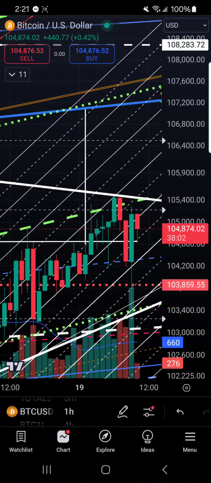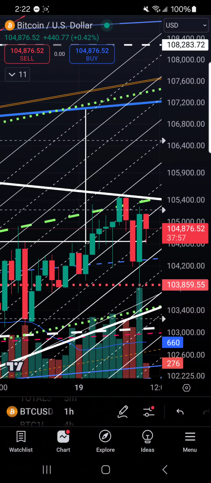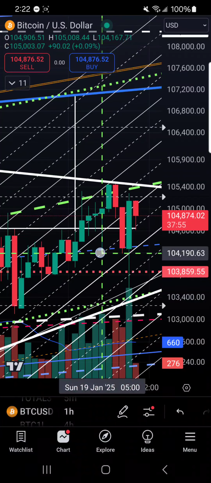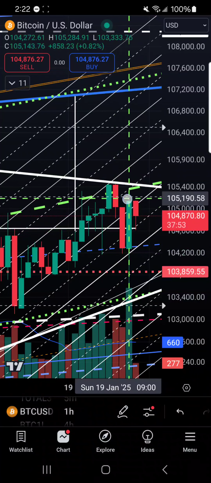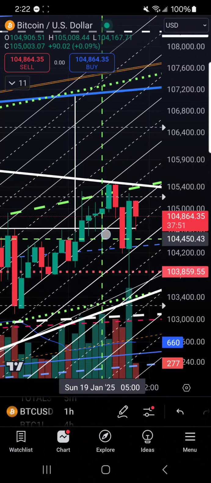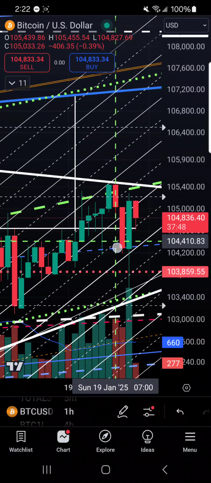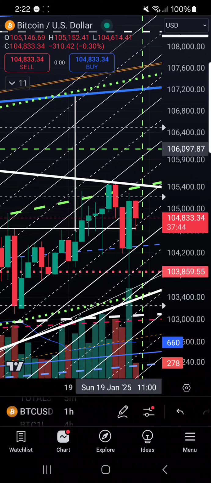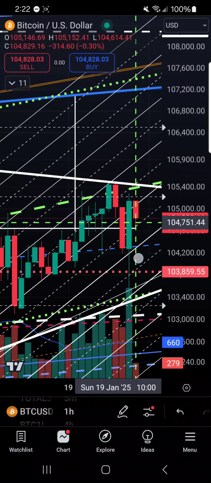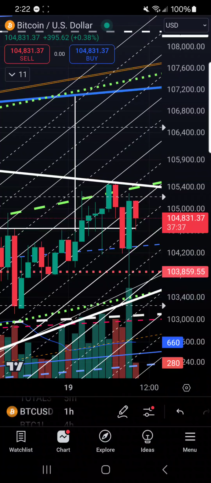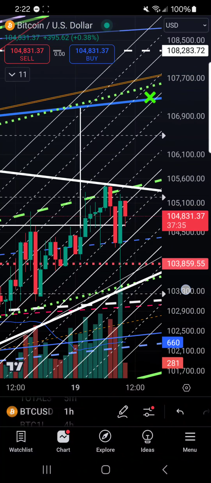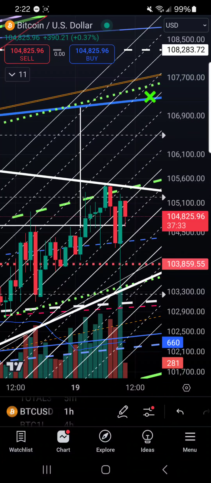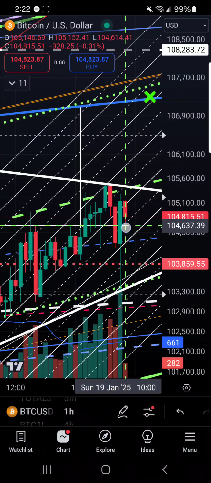I'll leave them there for a second, just because sometimes on these triangles we have a false breakout to one side and then hook around the end of the triangle and continue on, which we could still be playing out here. So let's just leave that, and the end of the triangle would be right about where we're at right now.